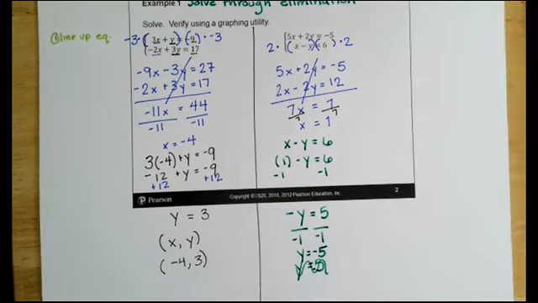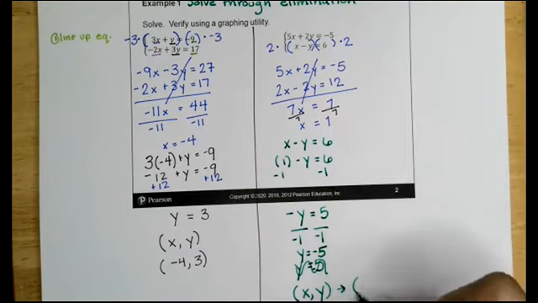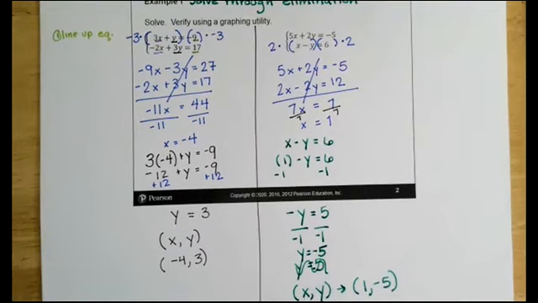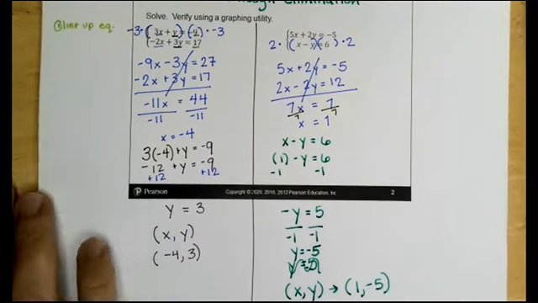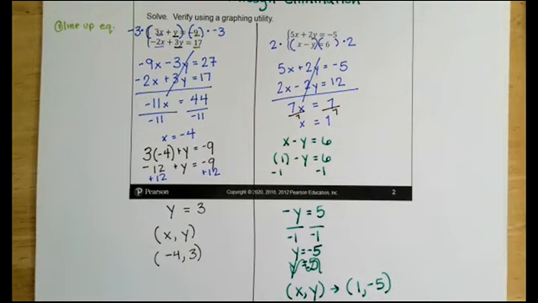So here my x, y point is 1, negative 5. All right, now I'm going to show you how to check it in Desmos.